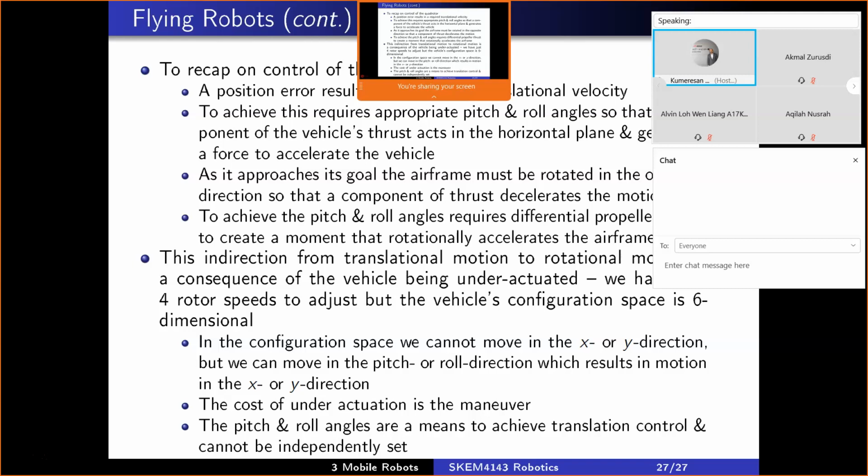So this system is a classic example of what we call an under-actuated system. And that is why, in order to make it move in a linear dimension, we need to use the rotation as our means to control.